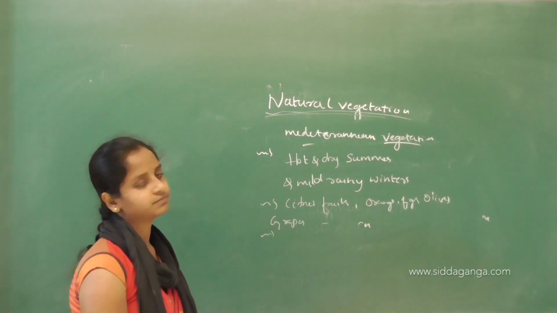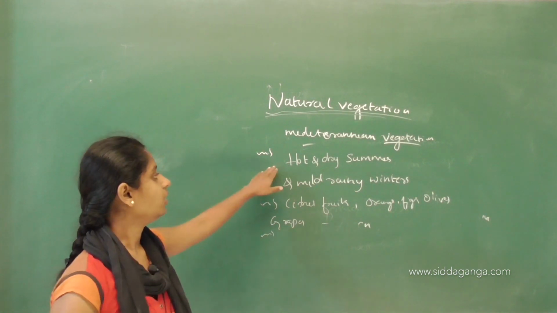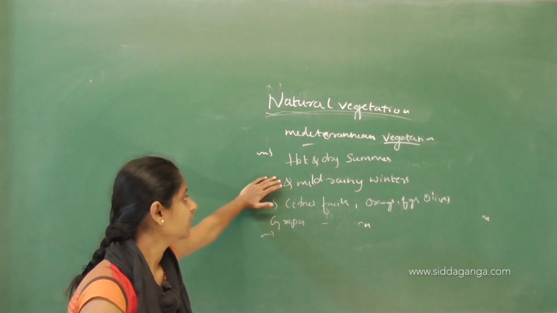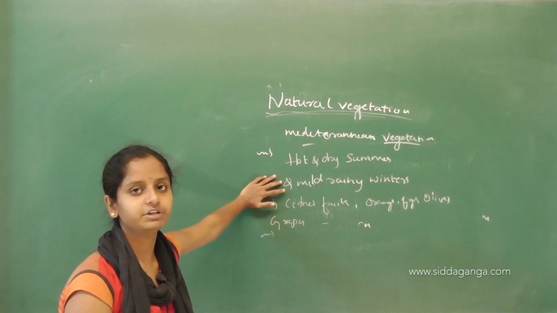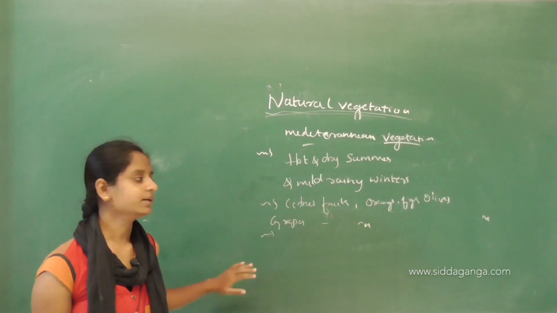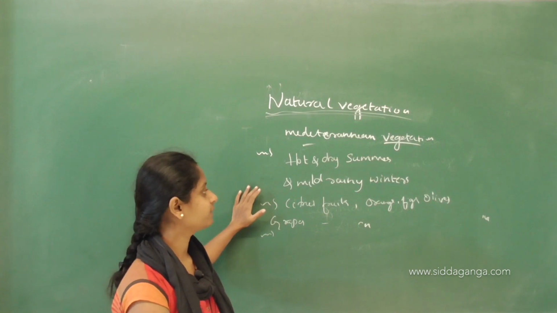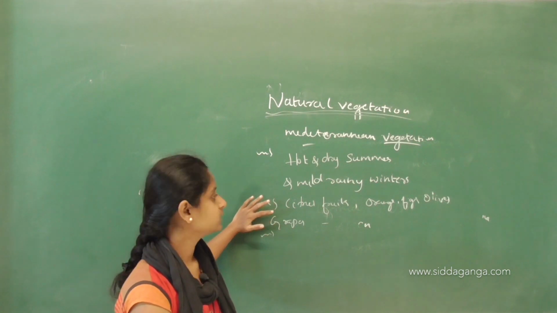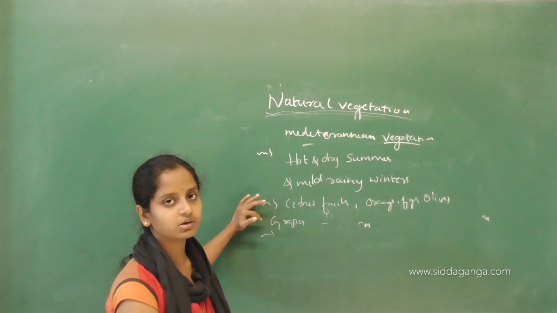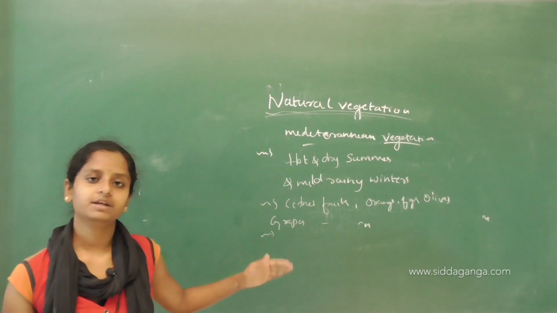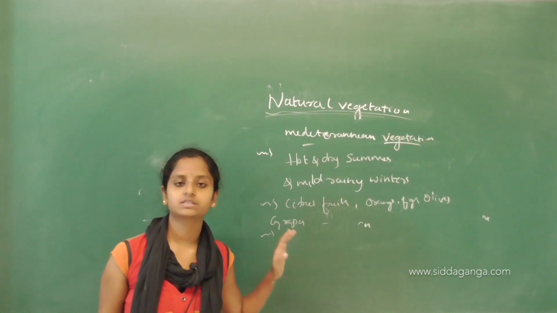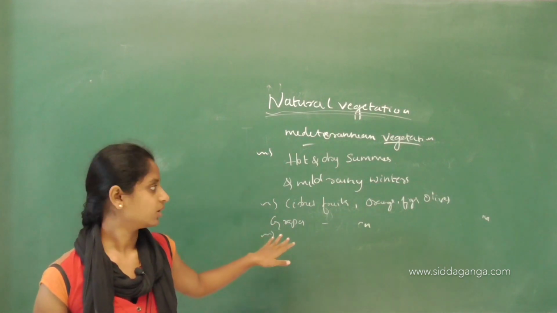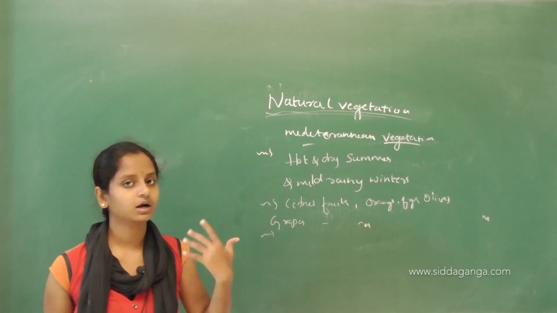In this Mediterranean vegetation, it is very hot and dry in the summer, and mild and rainy in the winter. Here we mainly see citrus fruits like oranges, figs, olives and grapes, because the people in this region cut down the natural vegetation and planted according to their interest.